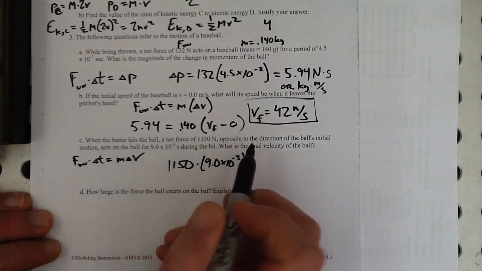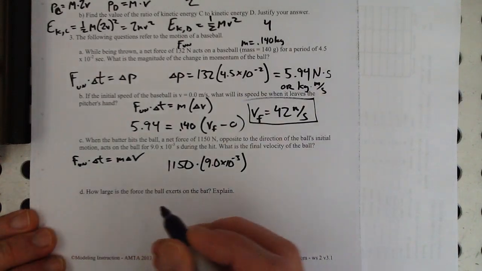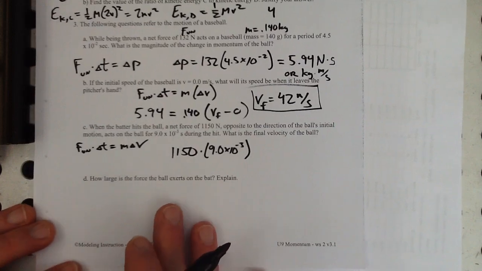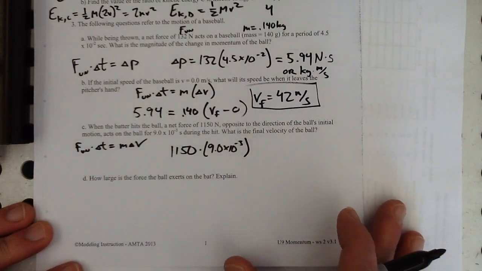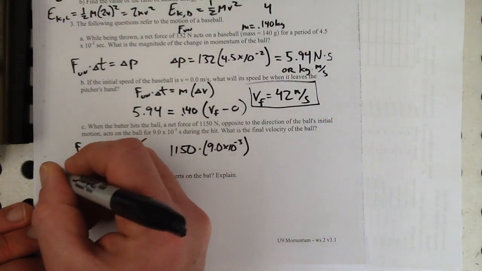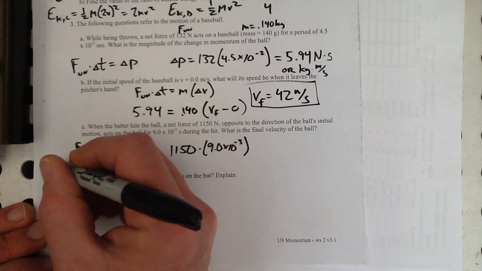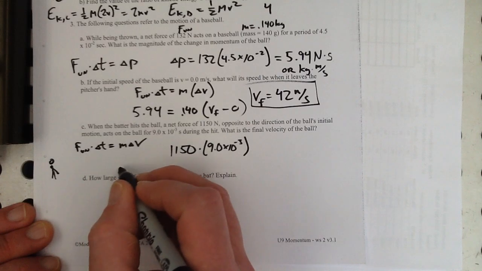I think we need to make some decisions about direction. This is the easiest mistake to make when you're doing impulse momentum stuff, is to just dump all the numbers in and not pay attention to direction. So let's say that the batter is here with the bat, and the pitcher is here.